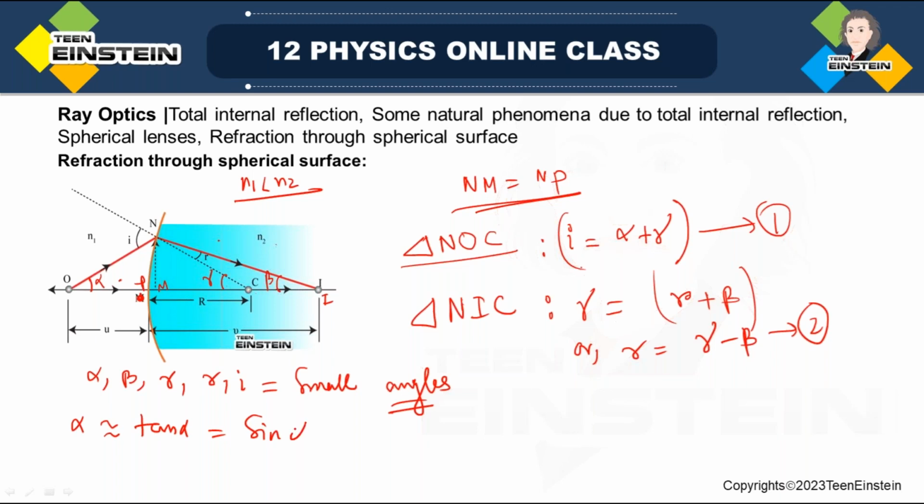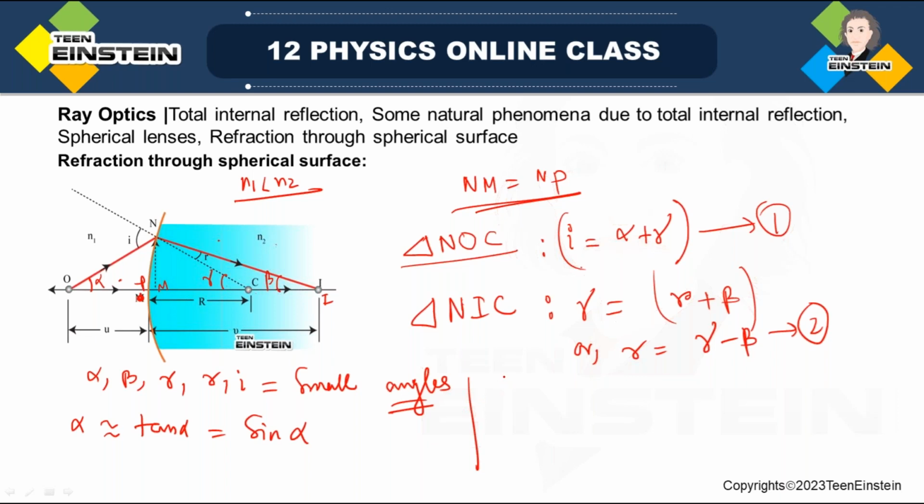Similarly, tan beta is nearly beta and tan gamma is nearly gamma. The tangent of a particular angle may be written as the angle itself.